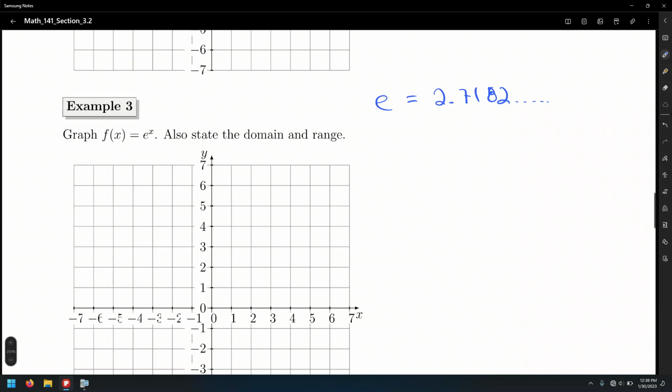And that's a transcendental number in a very similar way to pi. You know, pi is 3.1415 and many, many decimals.